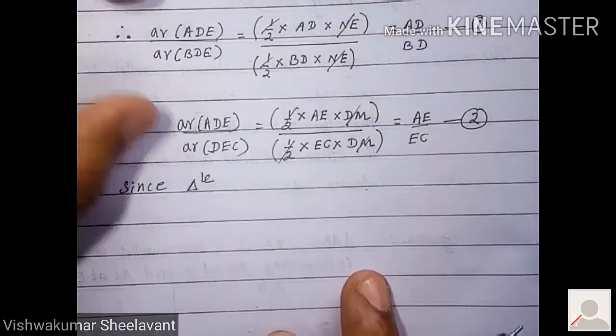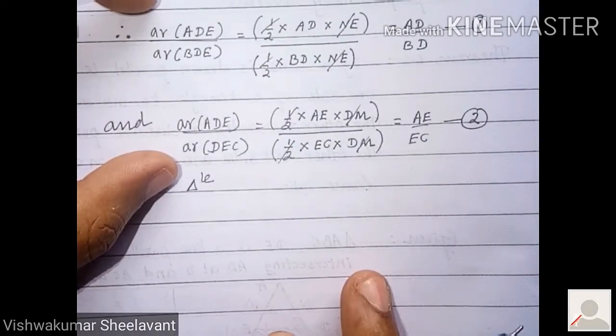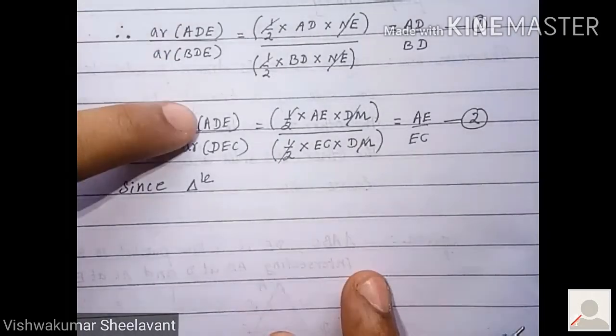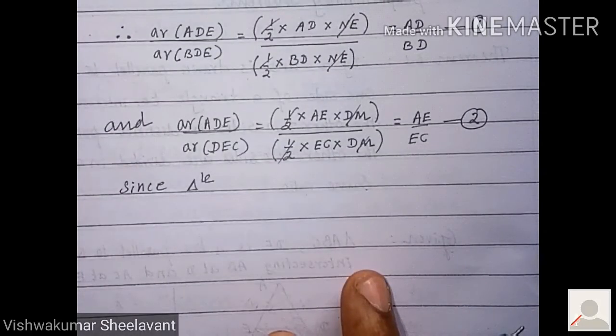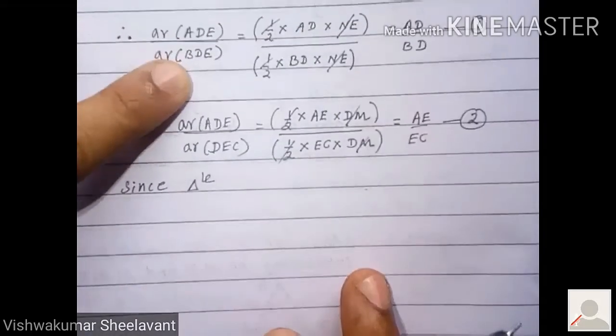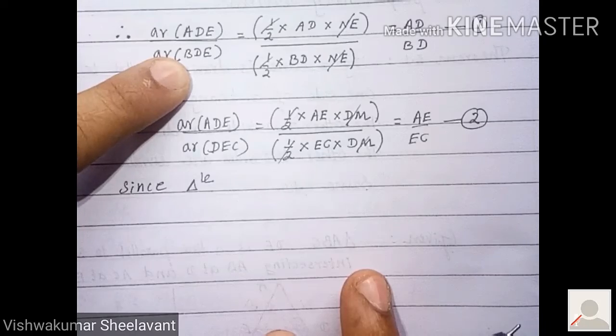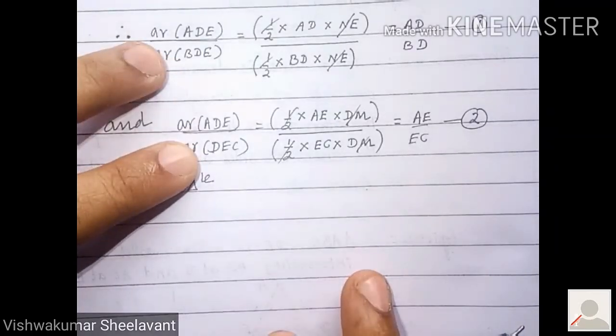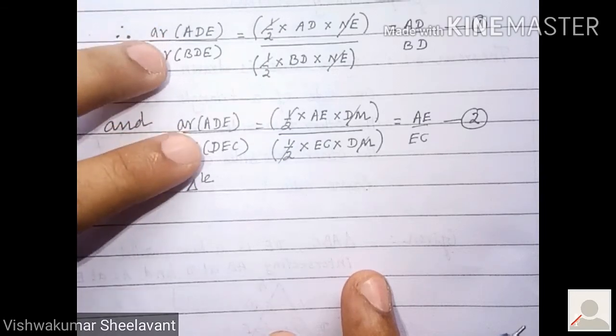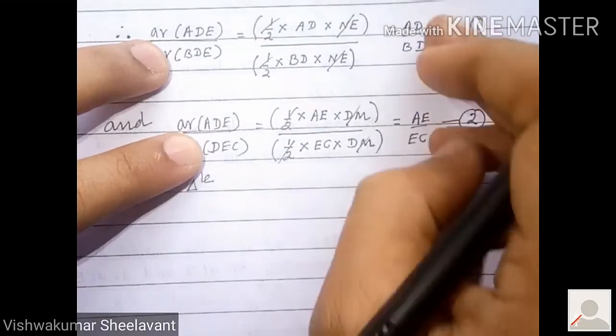But if you look at these two ratios of triangle areas, numerators are the same. AD and AD triangle we are having, but in the denominator we are having triangle BDE and DEC. They are not equal. So I have to show that denominators are equal first. Then I can say these ratios are equal.